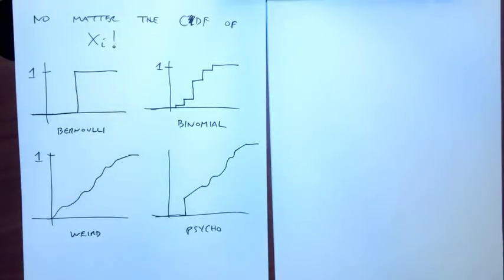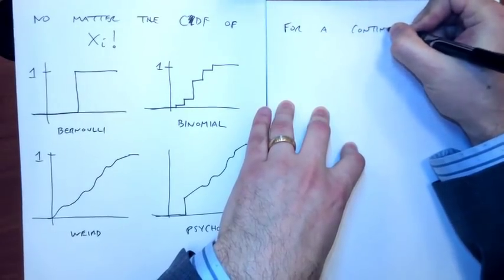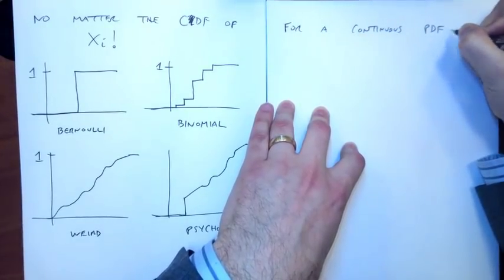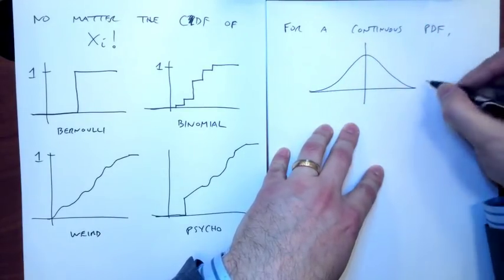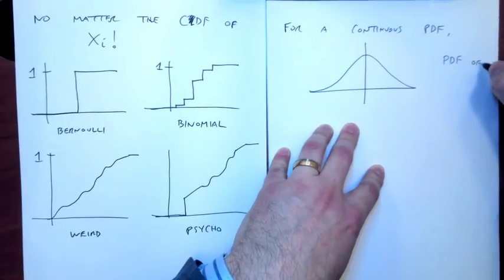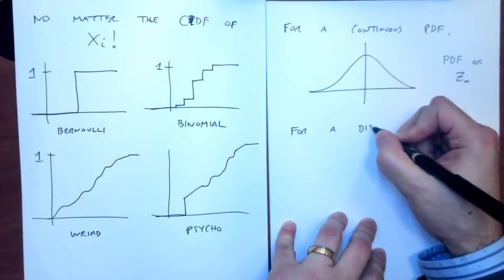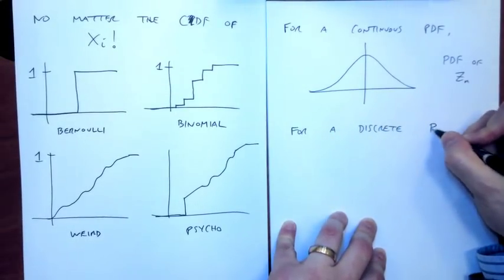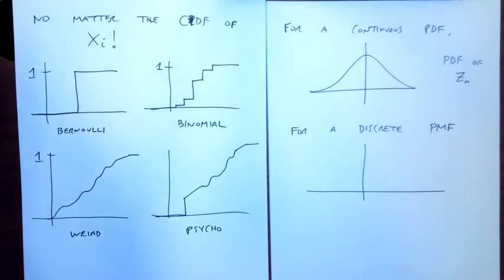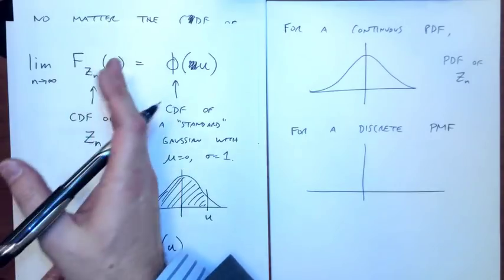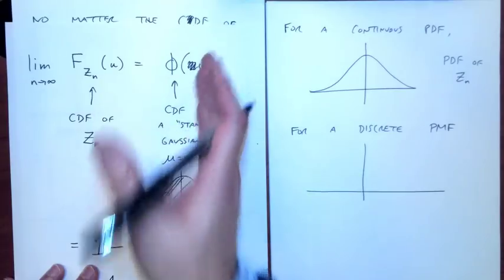For a continuous PDF, we get this Z of n that looks exactly like what we want in the limit. For a discrete PMF, where we're adding up a bunch of things, what the central limit theorem says, if we look at it more carefully, is that if I choose a certain value and look at all the values underneath that, I get the same number that I get if I had a Gaussian.